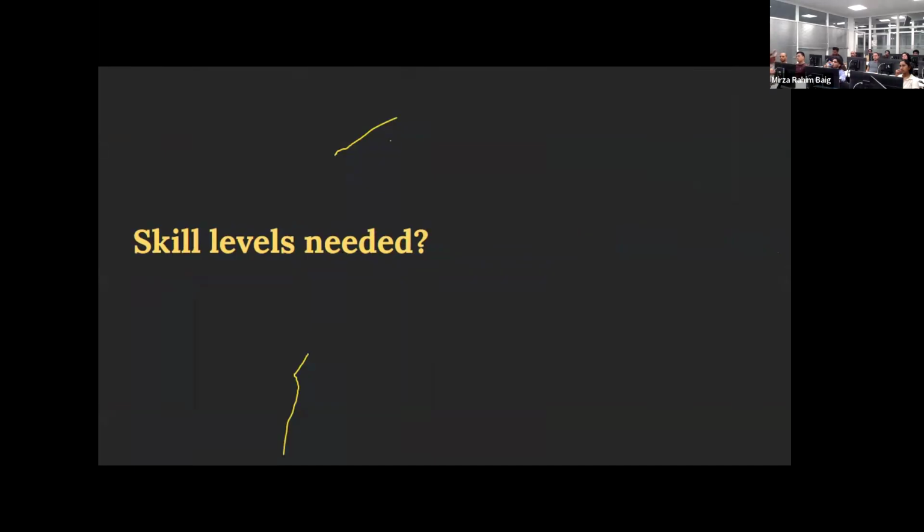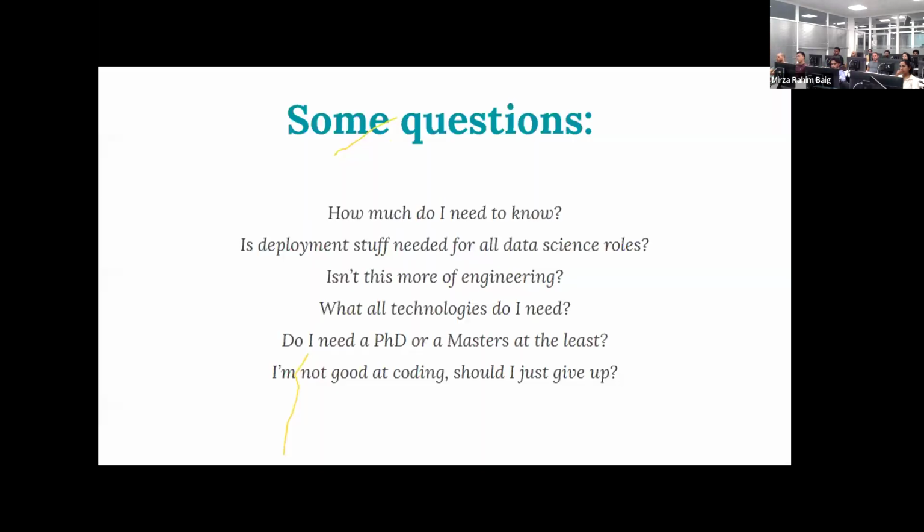Then the next question would be, okay, fine, analytics, fine. I want to get into analytics or a data science role or whatever. But what do I need? Because this is also very confusing. Even now, the courses or whatever give you a very warped idea. So you have questions like, how much do I need to know? Is deployment mandatory for me to know? Isn't this engineering? I'm not a coder, and just to do basic analysis, I'm supposed to know engineering.